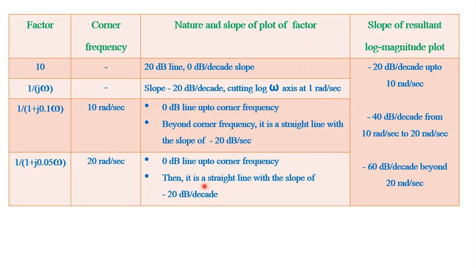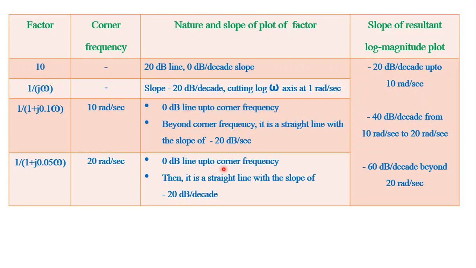Now, we have to consolidate all these points to have a conclusion about the resultant log magnitude plot. So, I start at 1 radian per second at 20 dB, with the slope of minus 20 dB per decade, because only this factor has got slope. This is 0 slope, this is minus 20. So the resultant is minus 20 dB per decade.